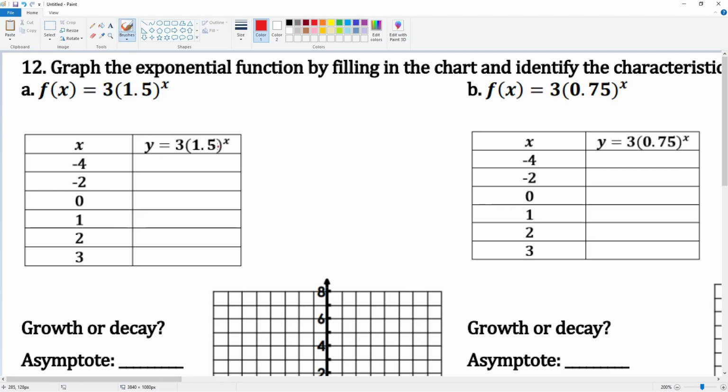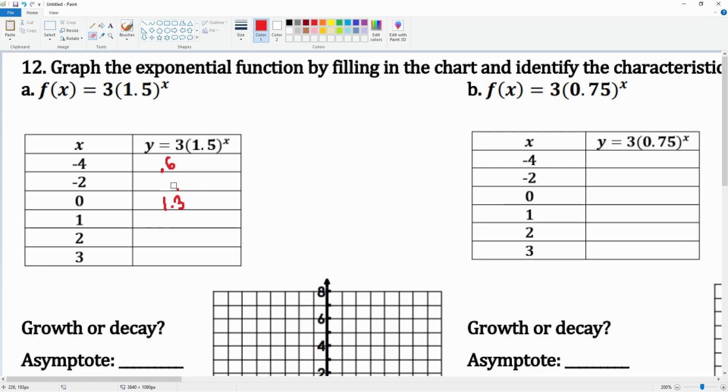So when I plug in -4, I get around 0.6. Oh wait, -4 is 0.6, -2 is 1.3.